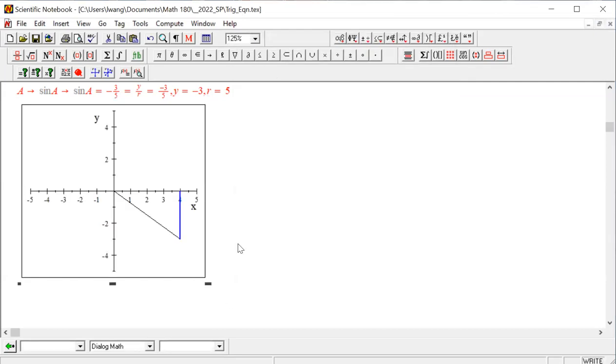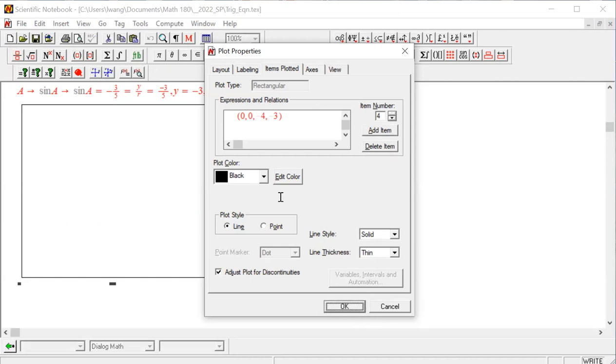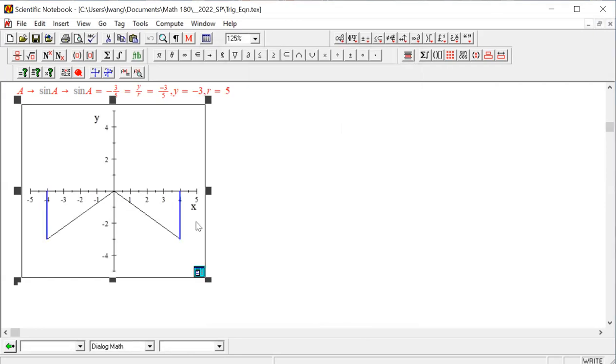That blue is -3, and of course, we have another blue. It should be this one. So right there, the blue. This blue is -3, that blue is -3, it's 5.